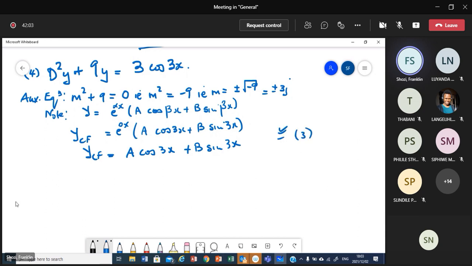Right? Next, we go back to the given differential equation. There is d squared y, there is 9y. You write it as it is. That is d squared y plus 9y equals 3 cos 3x. You take y as a common factor here.